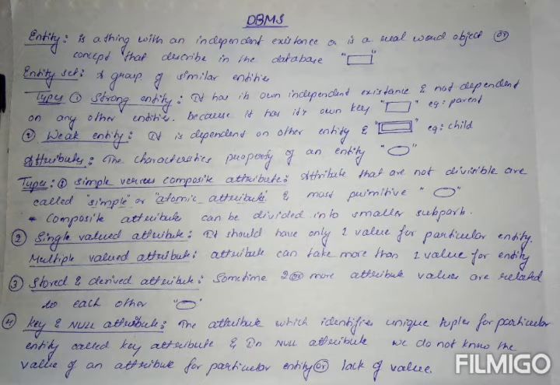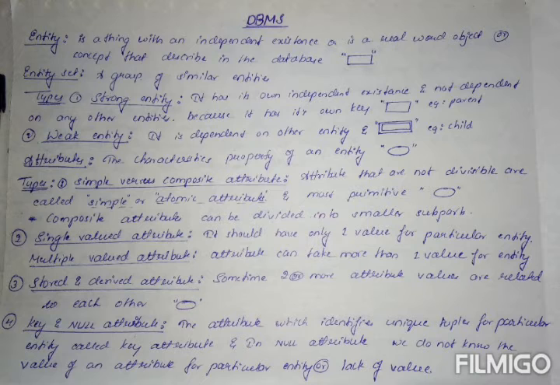Second one is a weak entity, which is a dependent entity. For example, child is a weak entity, where child is relatively dependent on the parent. So it is denoted or written inside a double box of rectangle.